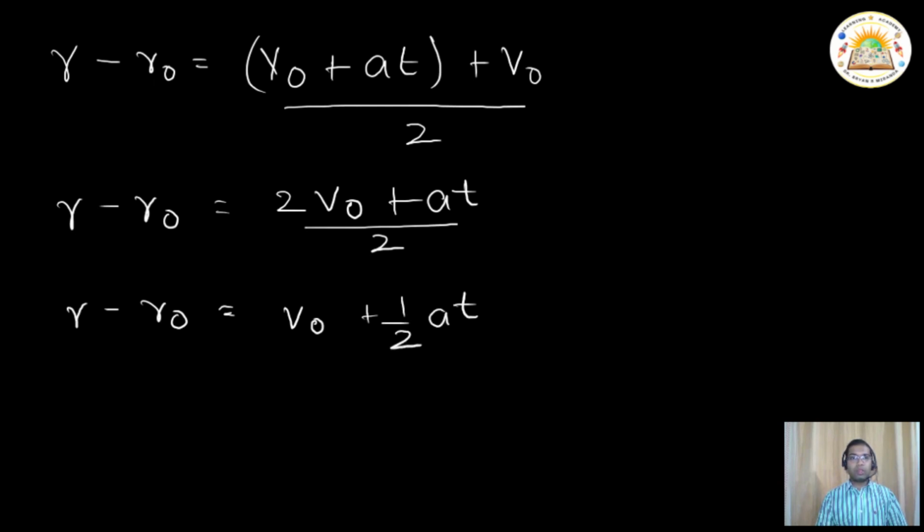Now this equation resembles s is equal to ut plus half a t square.